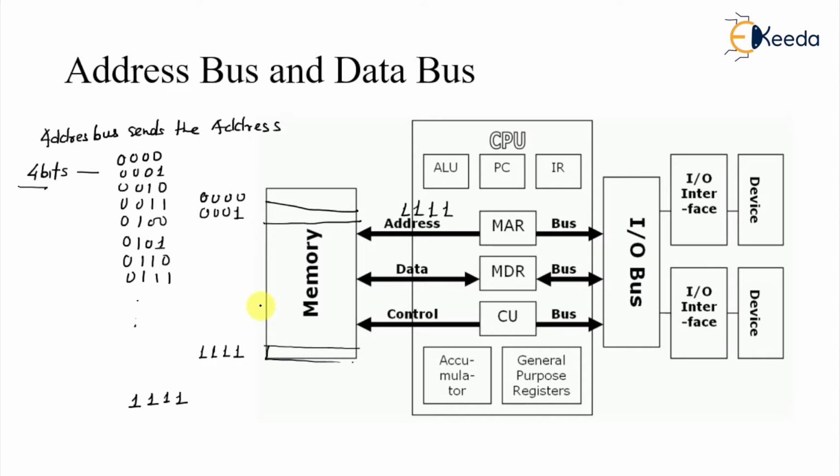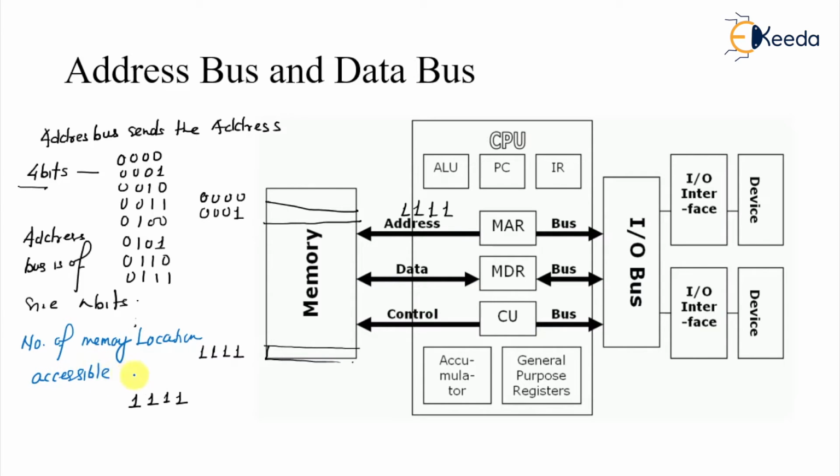So that is the address bus. Now the generalization is this: if the address bus is of size n bits, then the number of memory locations accessible will be 2 to the power n.